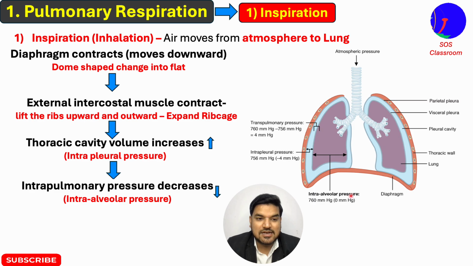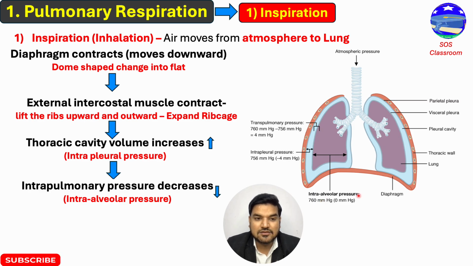When the intra-alveolar pressure inside the lungs decreases, the atmospheric pressure outside is higher. There are two pressures: number one, atmospheric pressure, and number two, intra-alveolar pressure.